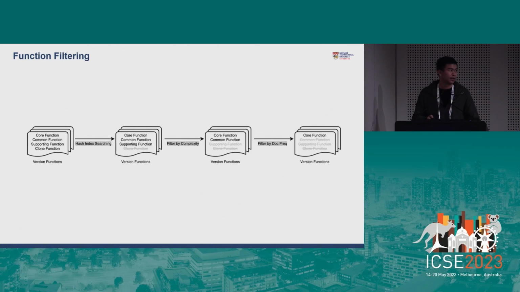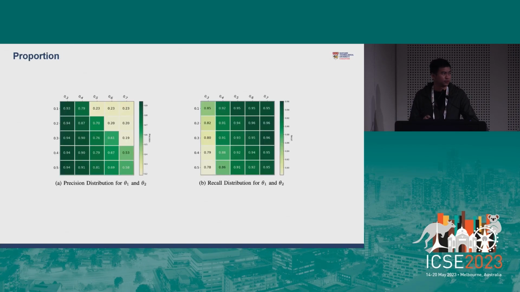And of course, for the supporting function and common function, we may not know how much proportion it will have, because either it's 50% or 30%, we cannot know for each library. So we will do an experiment on the distribution of how much proportion the supporting functions and common functions will be.